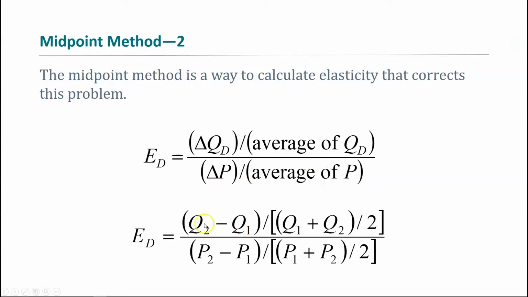It becomes ugly. It becomes this big, long equation, but you just saw me work on it, right? And so what I would do as you're working on homework is do it in pieces. Always calculate these pieces and then put them together, right? So the change in quantity is the new quantity, Q2, minus the old quantity, Q1.